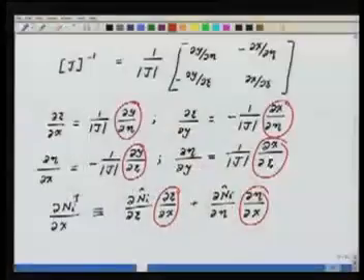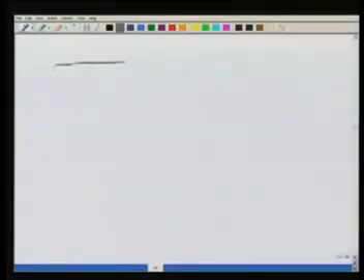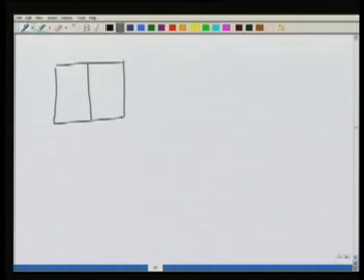Let's take now a very simple example, again of the same domain that we had taken. Let's assume that my elements have edges of size h.